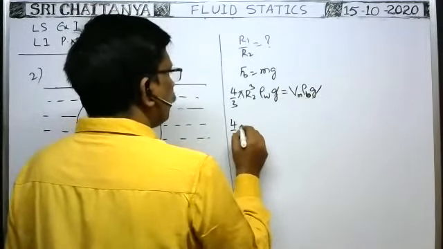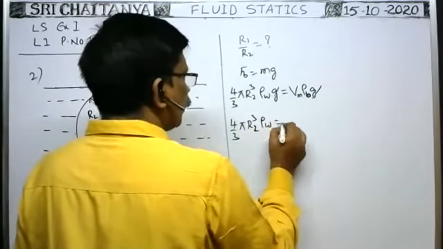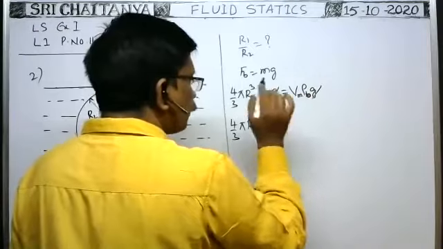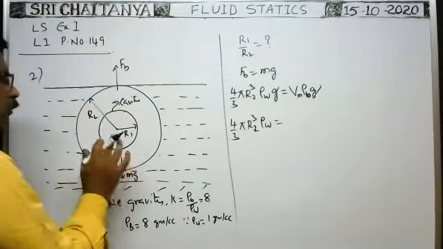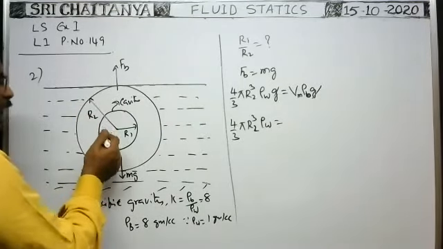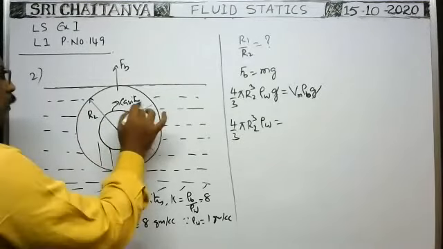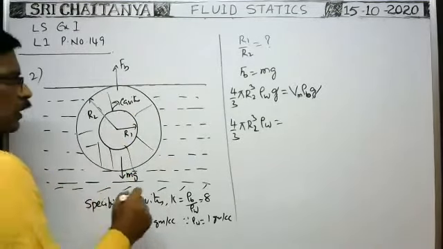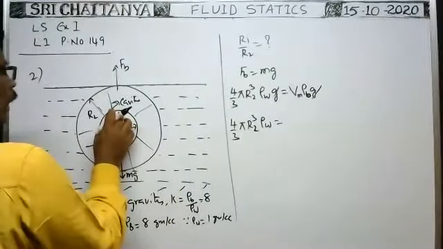So 4 by 3 pi R2 cube into density of water is equal to volume of material of the sphere into density of body. To write the mass of the sphere, we have to find the volume of the material of the sphere. What is the volume occupied by the material of the sphere? This is the only volume occupied by material of the sphere, because there is a cavity. So volume of the material of the sphere means from the outer volume, subtract the volume of the cavity.